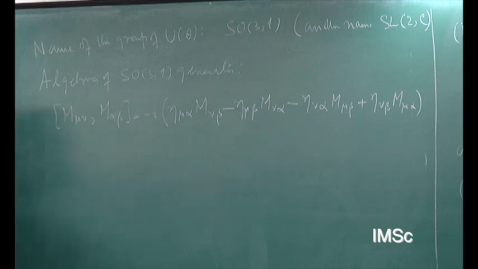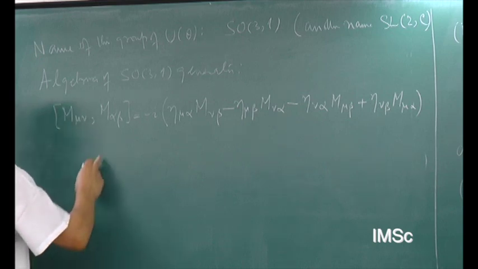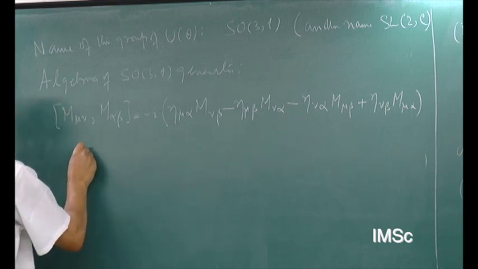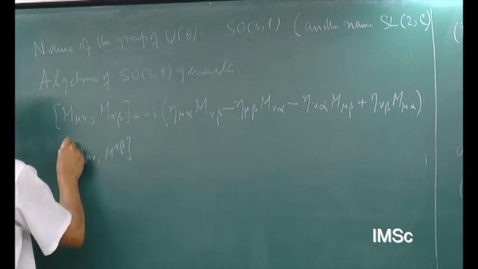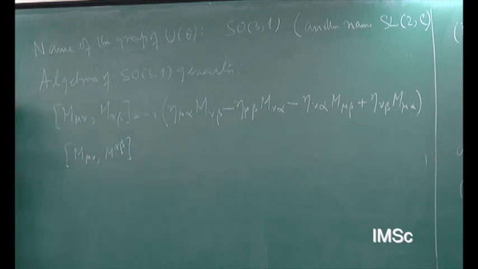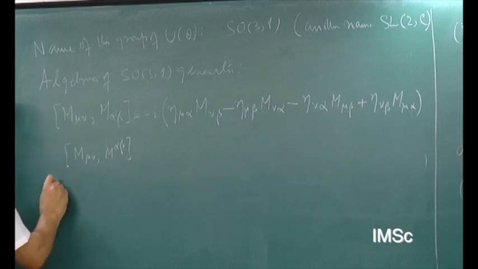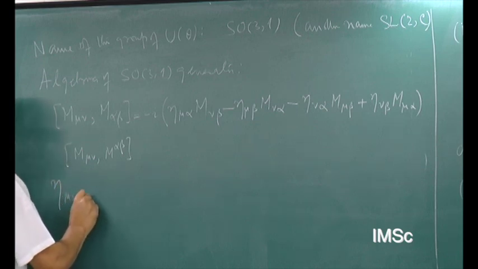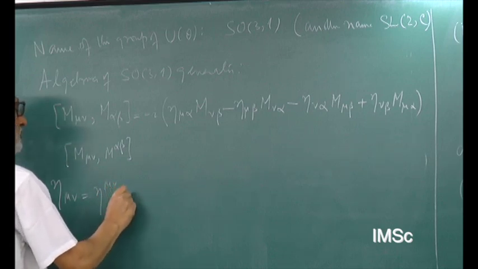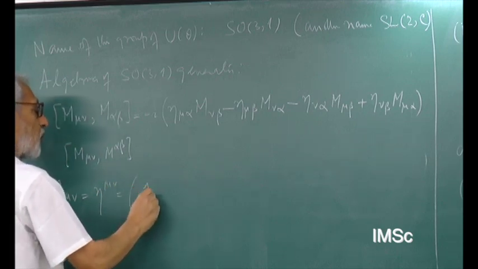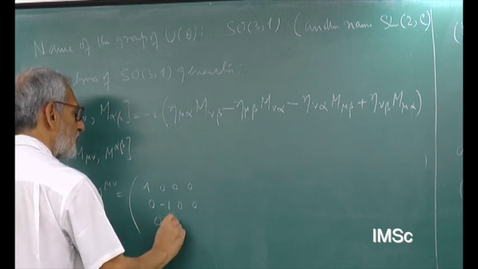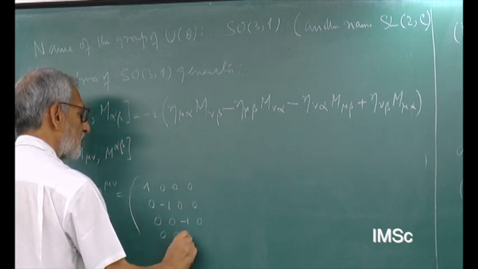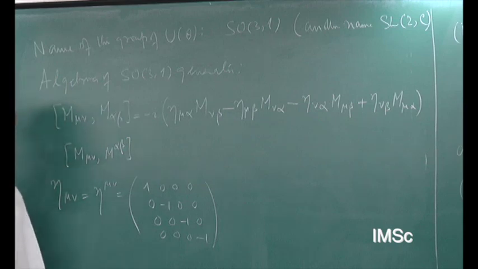Or if you want to write it in a more compact notation and remember it, raise these alpha beta up through raising and lowering operator matrix: 1 0 0 0, 0 minus 1 0 0, 0 0 minus 1 0, 0 0 0 minus 1. That's our choice of the metric.